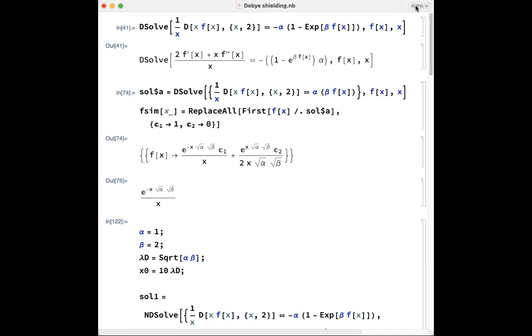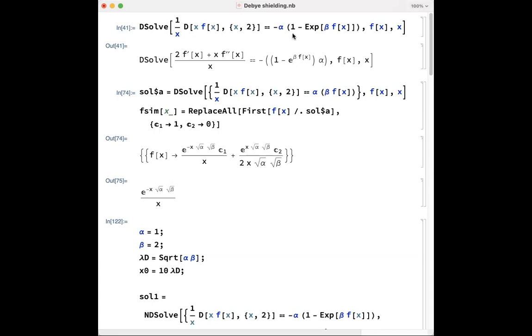What we're trying to do now is ask what we are really dealing with in this equation. The first thing I'm trying to do is to tell Mathematica, just solve this differential equation. That's the equation I started from.